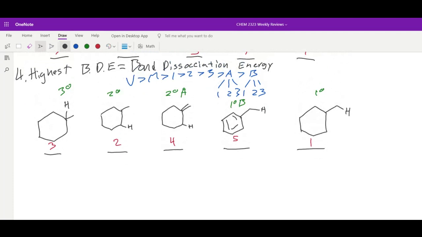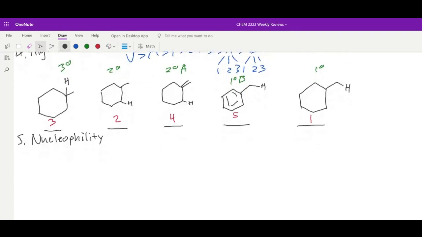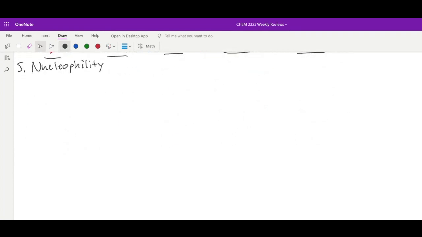Excuse me. Alright. So number 5, we are ranking by nucleophilicity. So I'm going to scroll down a little bit. So for nucleophilicity, actually let me draw all the structures.